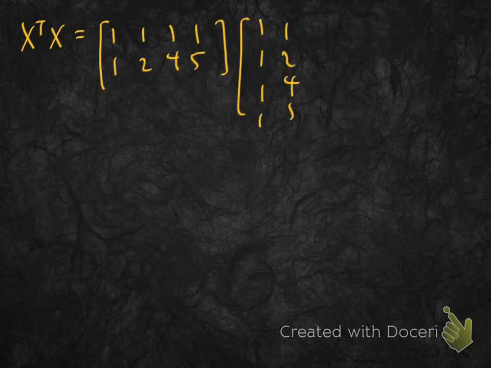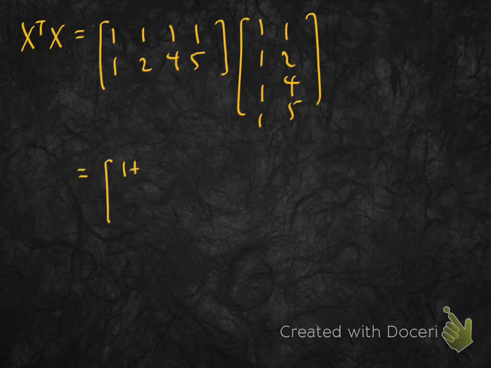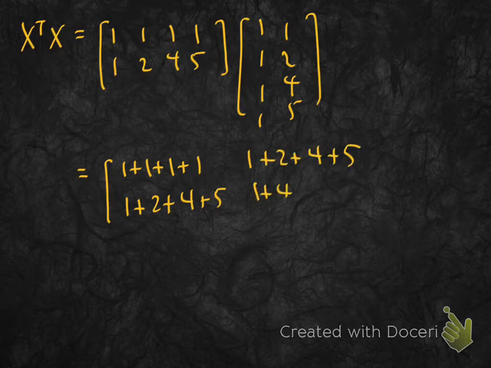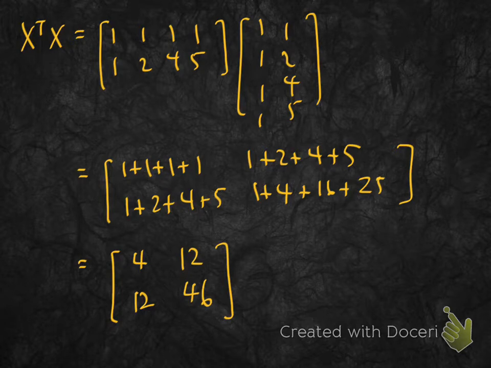So X transpose, remember, is the matrix whose rows are the columns of X. And so the first row of X transpose is 1, 1, 1, 1. The second row is 1, 2, 4, 5. So I can just take that matrix and multiply it by X. I do the arithmetic and I get 4, 12, 12, 46. So notice this matrix is symmetric.